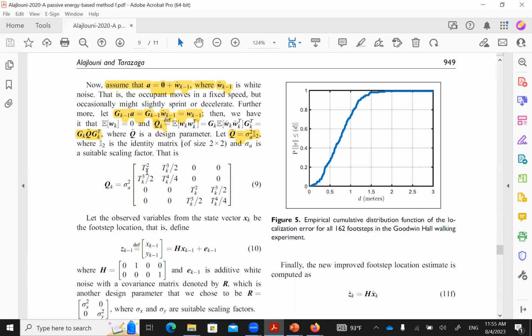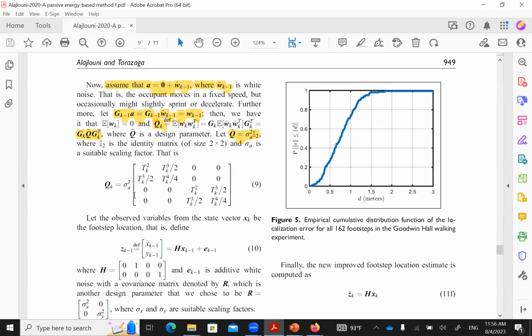But for example, when you consider the problem of an occupant walking in a building and we capture their vibration through accelerometers, we generate an estimate of the location every time someone stomps on the floor, every time there's a footstep. And the time between 2 consecutive footsteps could be not uniform.